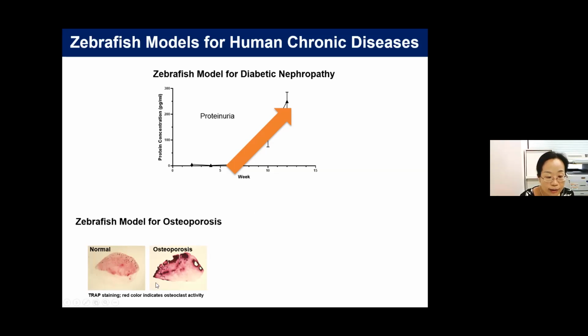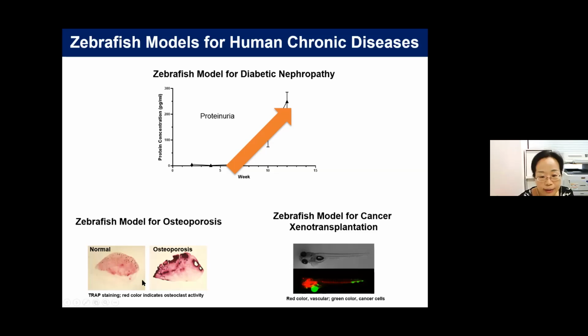These are the zebrafish scales stained with TRAP to detect osteoclast activity. We can use this model for drug screening to find drugs or natural products that have anti-osteoporosis activity.